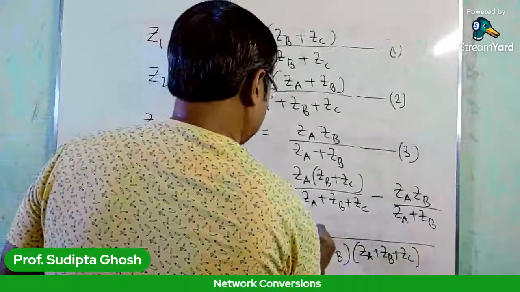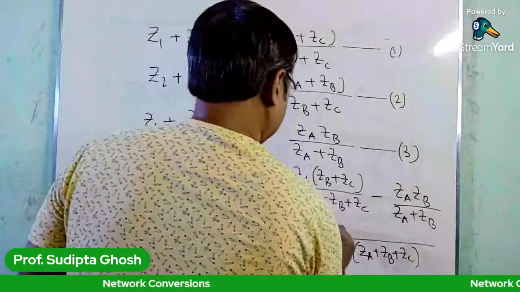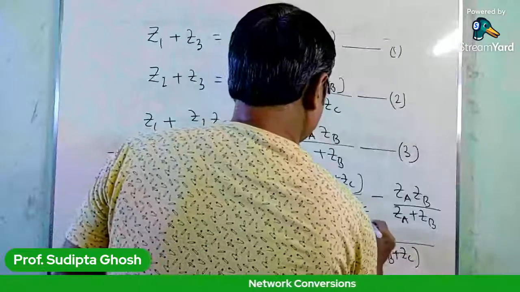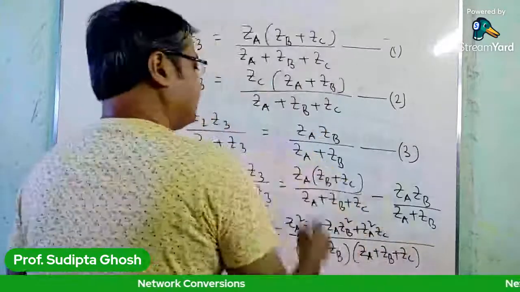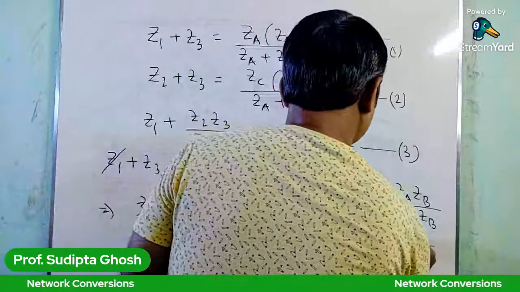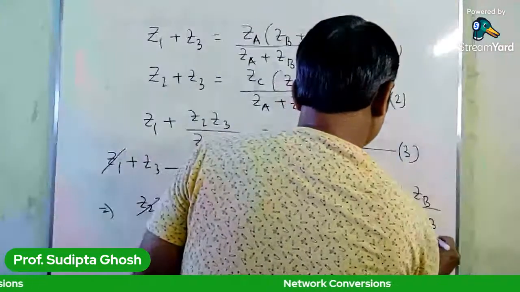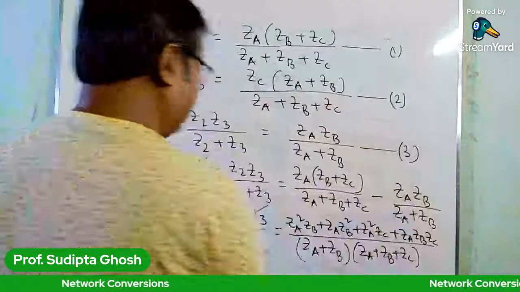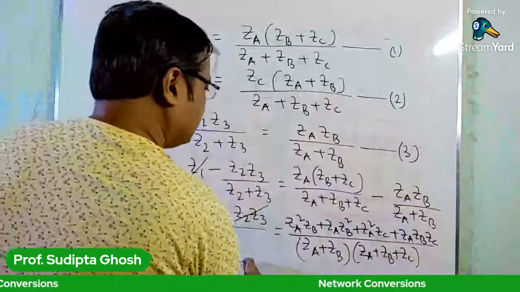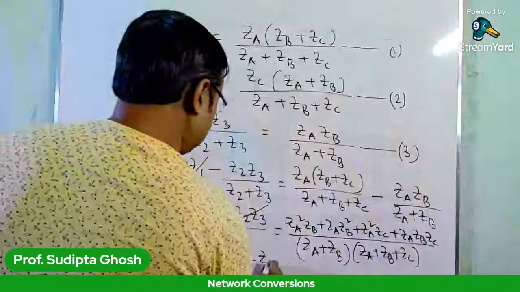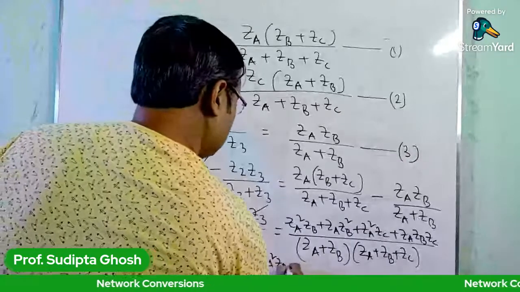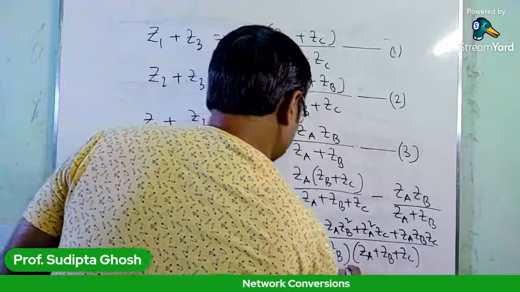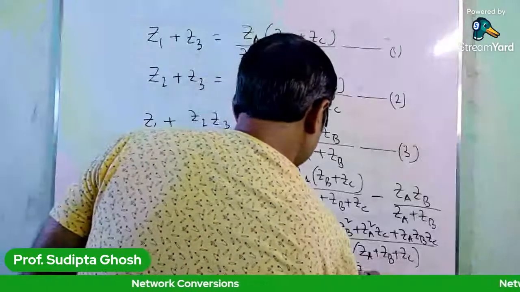So ZA square ZB plus ZA ZB square plus ZA square ZC plus ZA ZB ZC. So the rest of the terms are written here, minus ZA square ZB minus ZA ZB square. Just follow this, minus ZA ZB ZC.